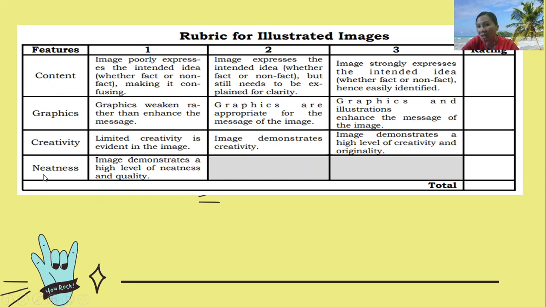And of course, it must be neat. In neatness, it's the same: it must demonstrate a high level of neatness and quality. 3 plus 3 plus 3 is 9, plus 1 is 10. So you will get 10 points for this performance task.